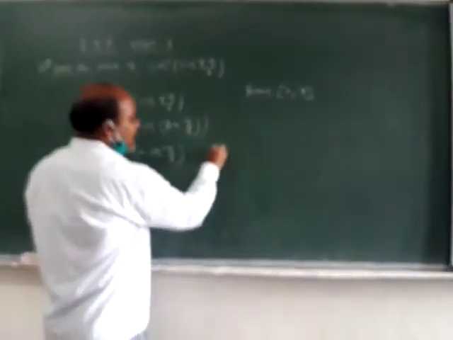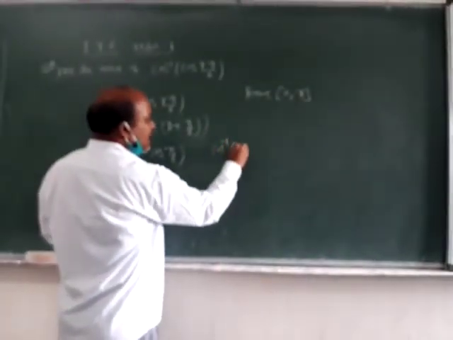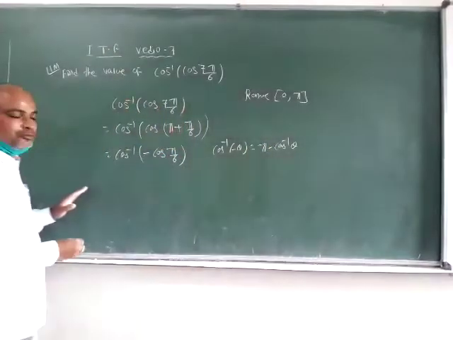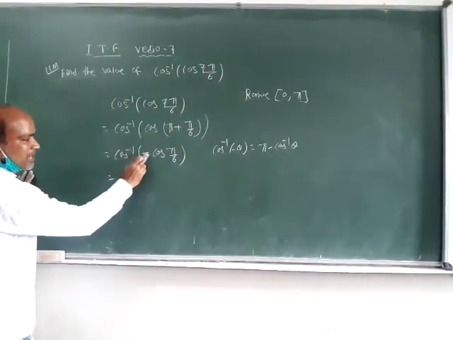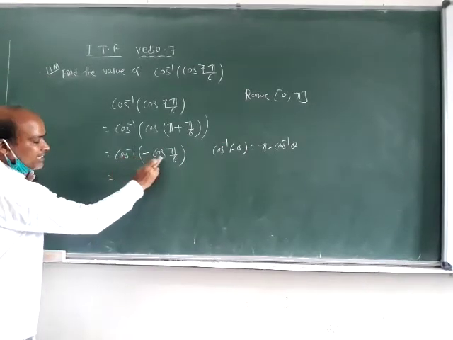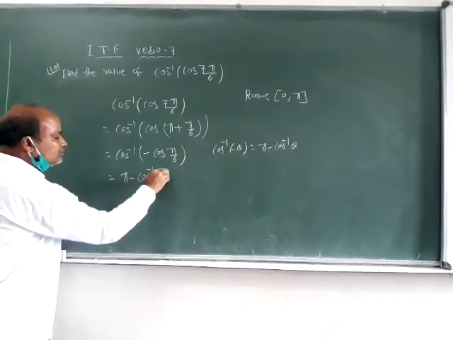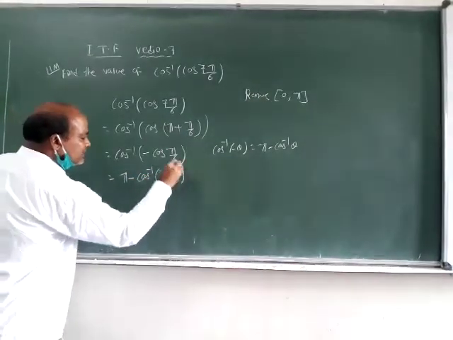But you know the formula: cos inverse of minus theta is pi minus cos inverse theta. So now cos inverse of minus cos pi by 6 becomes pi minus cos inverse of cos pi by 6.